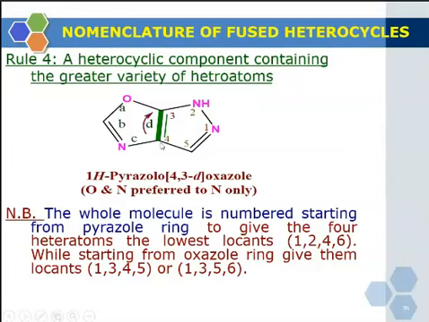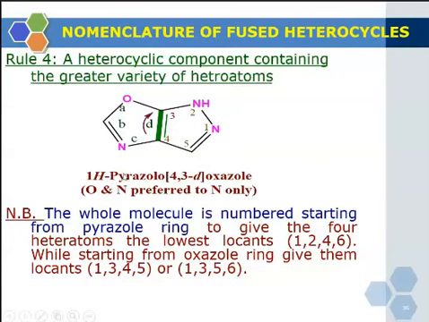Here we can see, for better convenience, we should number it as 4,3, which is more accurate, because here we can see the numbering sequence also. Now if we move from this side, then the D surface is fused with the 4,3 side. Hence, we take the number as 4,3-D.